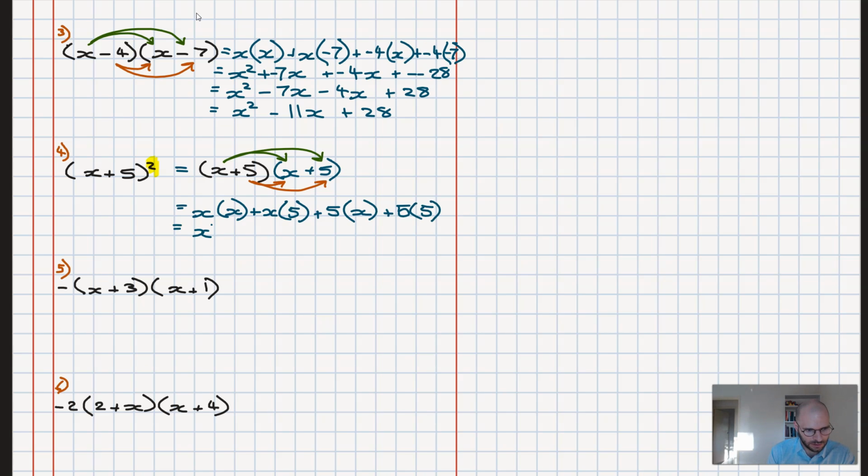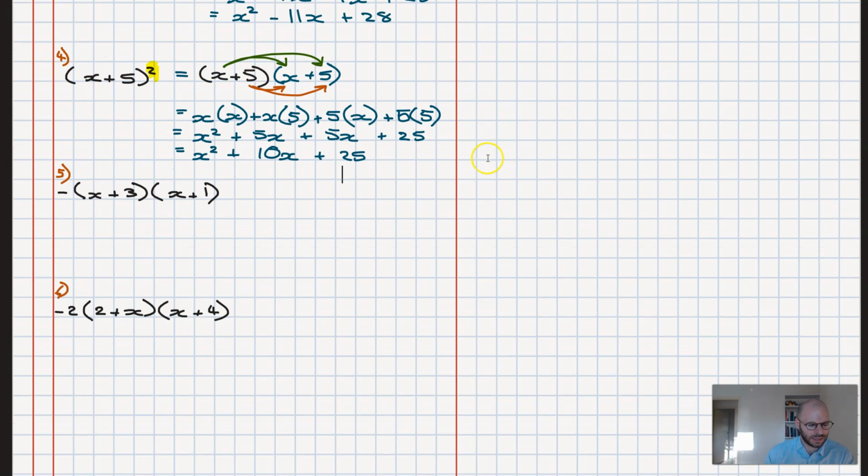Simplifying, x squared plus 5x plus 5x plus 25, and then we get x squared plus 10x plus 25, and we are done.